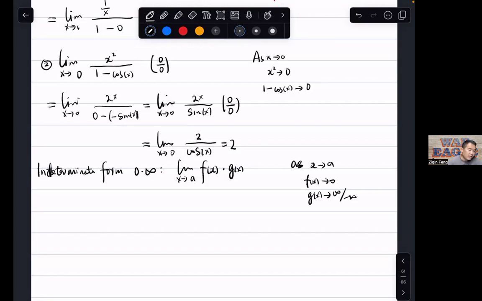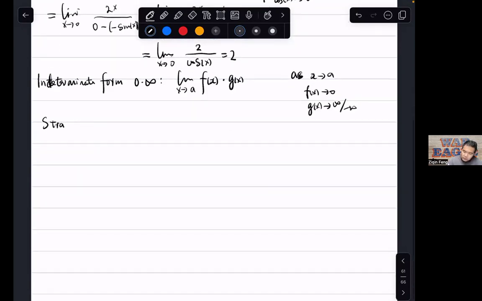So the strategy here is that we want to use L'Hopital's rule. We want to change our product to a quotient. So change f of x times g of x to f of x over 1 over g of x. This gives you 0 over 0.